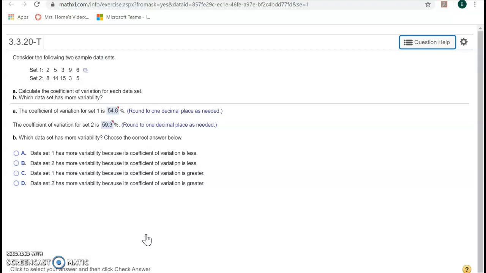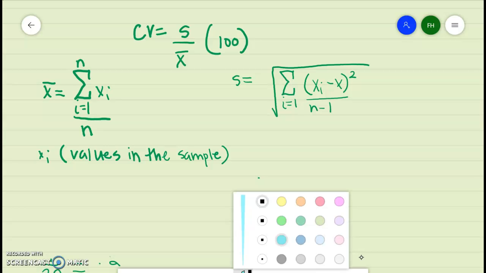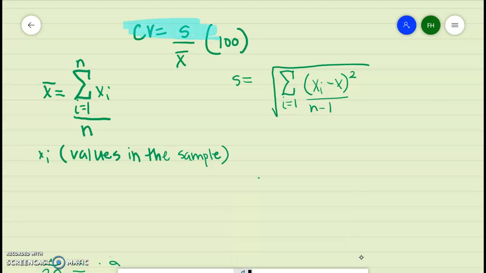So of course we can work this using technology, but I would like to go over how to use the formulas. So the first formula here is the coefficient of variation, which is the standard deviation divided by the sample mean times 100.